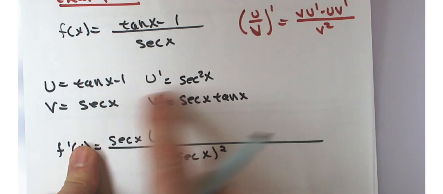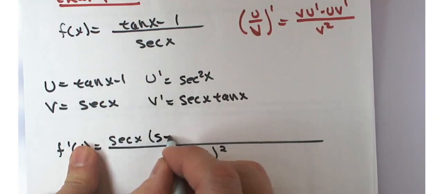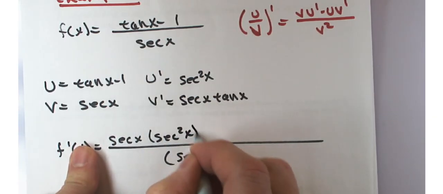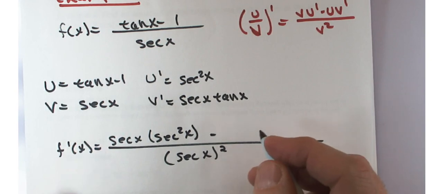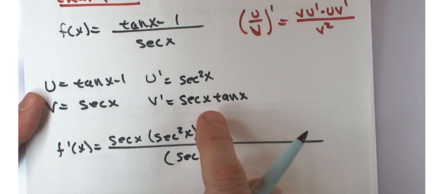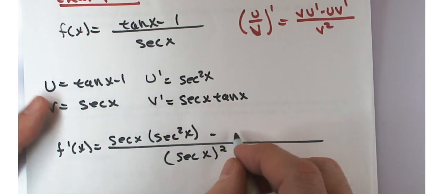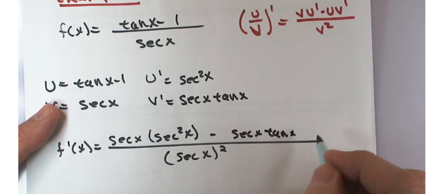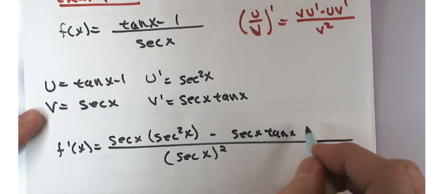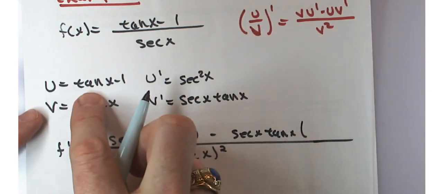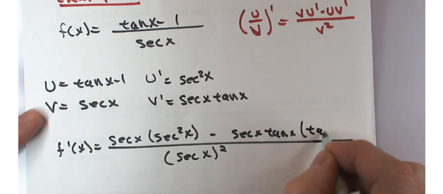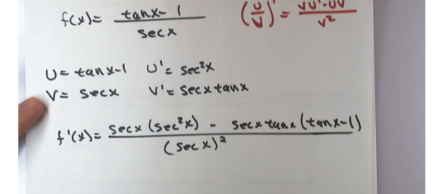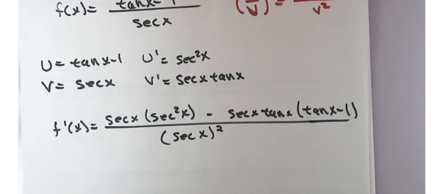So that's going to be secant squared minus the derivative of the denominator, which is secant of x tangent of x times the numerator, which is tangent of x minus 1. Ugh. Looks like a big mess, doesn't it? Yeah, I don't see too much disagreement on that one.